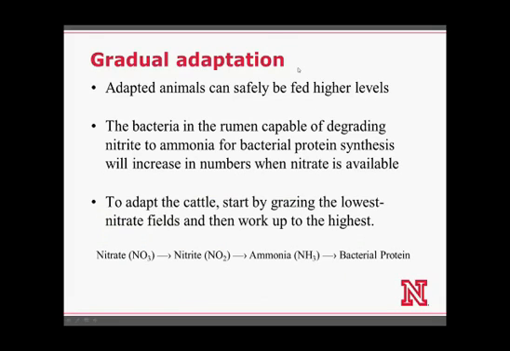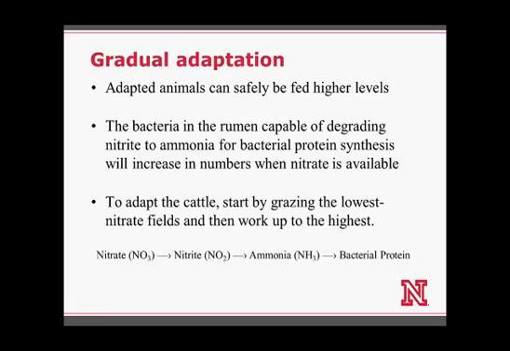Gradual adaptation is a key management practice. Animals can safely adapt to higher levels, and this is because the bacteria that can utilize nitrite and convert it to ammonia can increase in numbers as nitrite availability increases in the rumen.